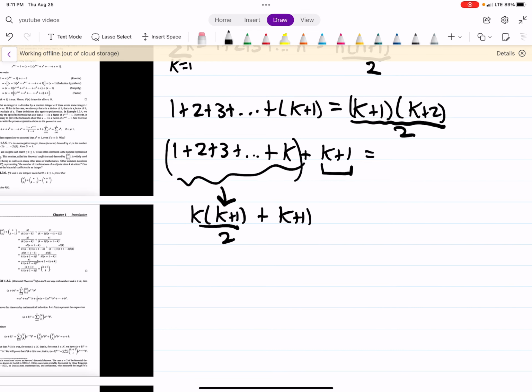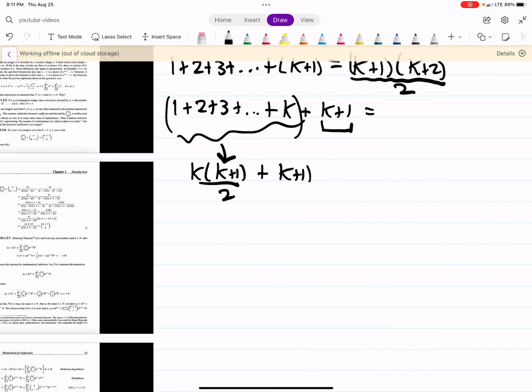If we want to write it under one fraction, that's k plus 1 times k plus 2 over 2. We would just multiply the second term by 2 over 2 to get a common denominator.